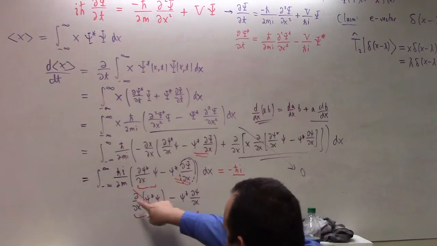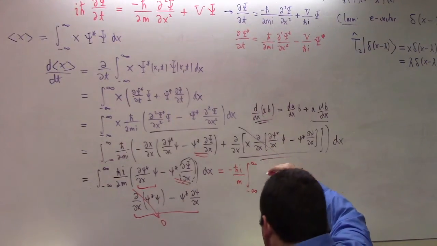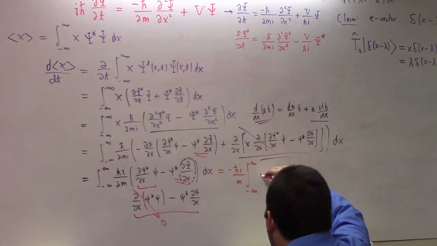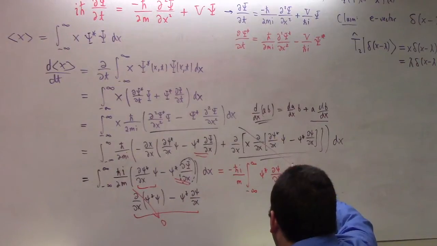So now I got 2 of them. The 2 cancels the half. I get h bar i over m, integral from minus infinity to infinity, psi star partial psi partial x, dx.